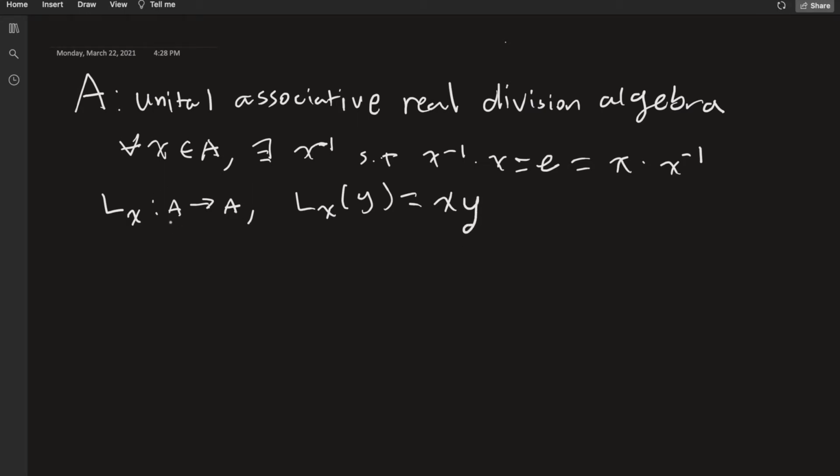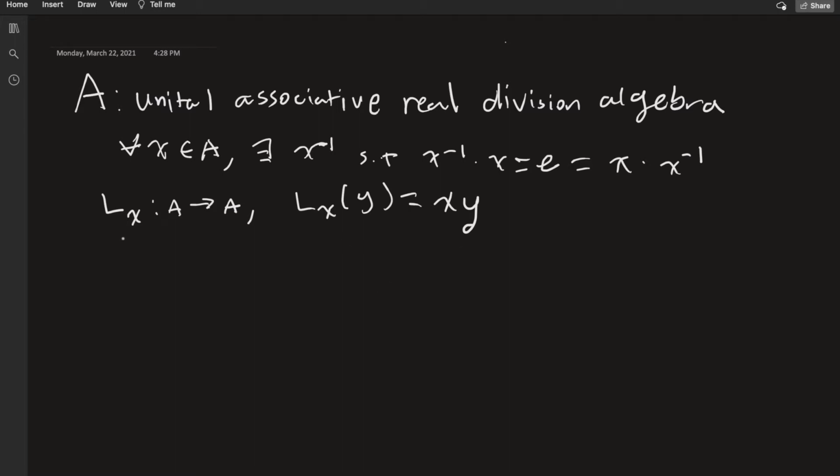And so this is a map where you have a fixed vector x, but then the input parameter is y, so it takes the vector y and then just multiplies it by x on the left side. And this side is pretty important because we didn't say that A is commutative. And we're going to show that this map is actually linear in the variable y.